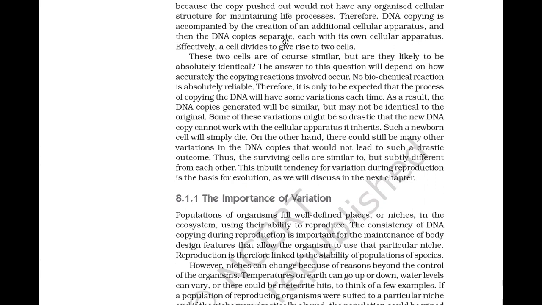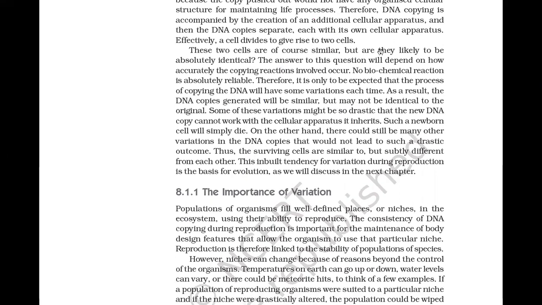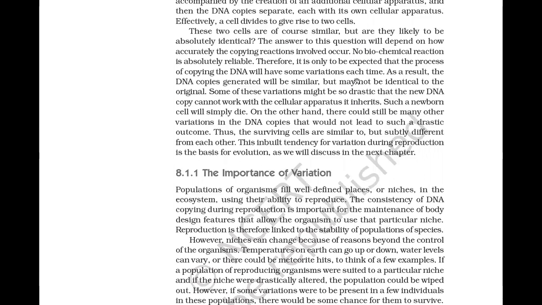These two cells are of course similar, but are they likely to be absolutely identical? The answer to this question will depend on how accurately the copying reactions involved occur. No biochemical reaction is absolutely reliable. Therefore, it is only to be expected that the process of copying the DNA will have some variations each time. As a result, the DNA copies generated will be similar but may not be identical to the original.